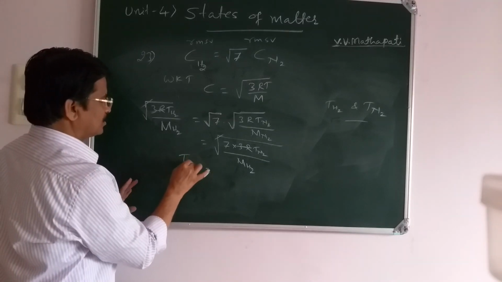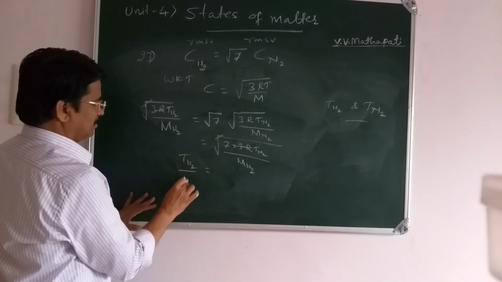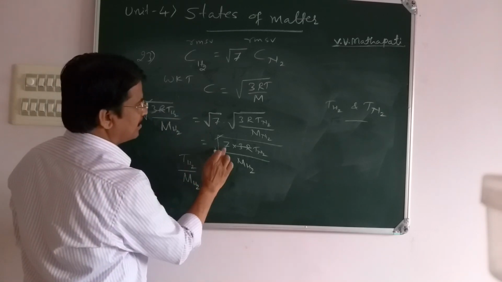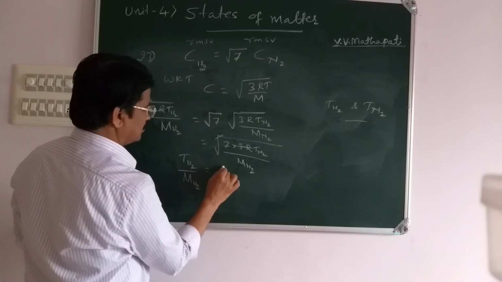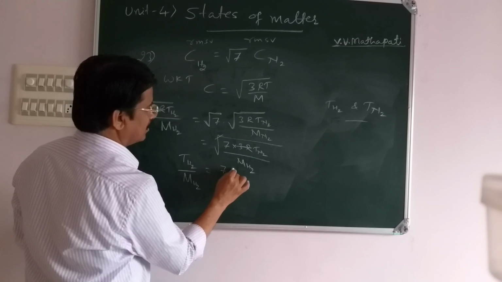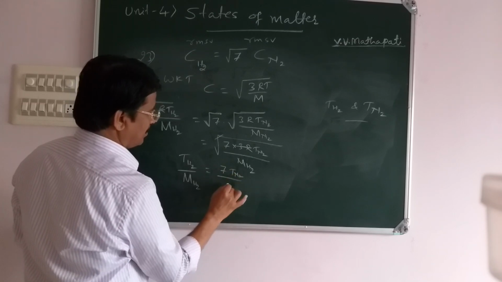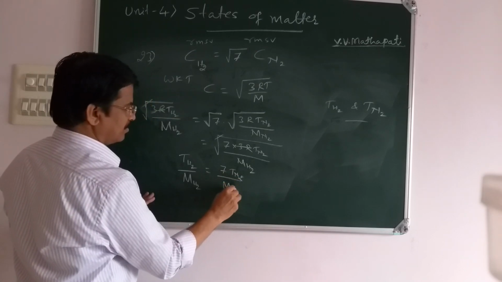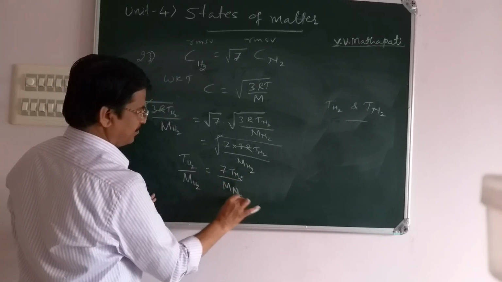Therefore, T of H2 by M of H2 equal to 7 T of N2 by M of N2.